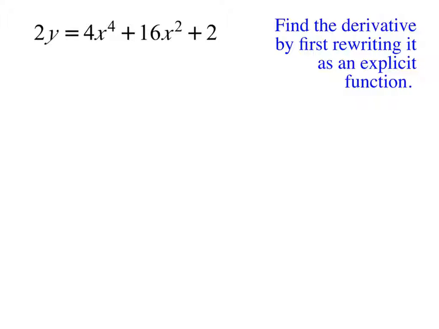So for this first time through finding this derivative, I want to write it as an explicit function. In order to do so then, what do I do to both sides of the equation first? Yep, divide by 2. So start by dividing both sides of the equation by 2. And remember that as you do so, you're dividing everything on both sides of the equation by 2.